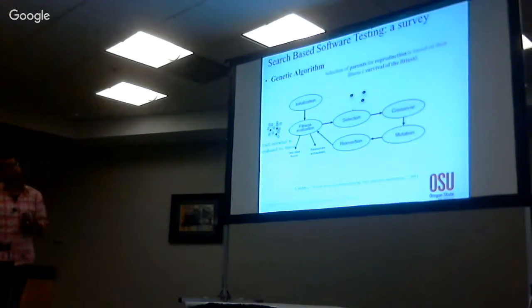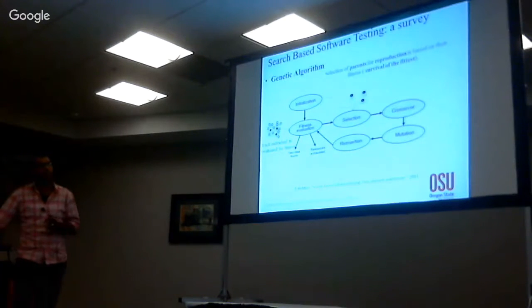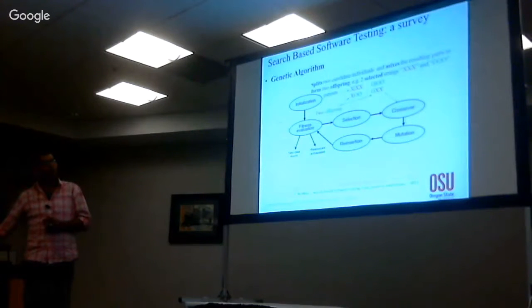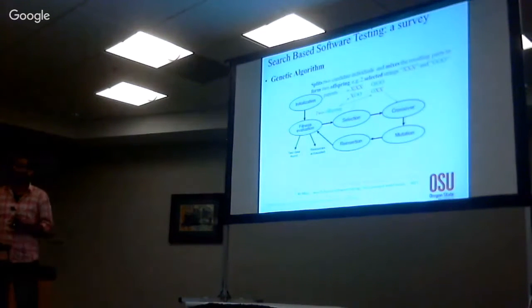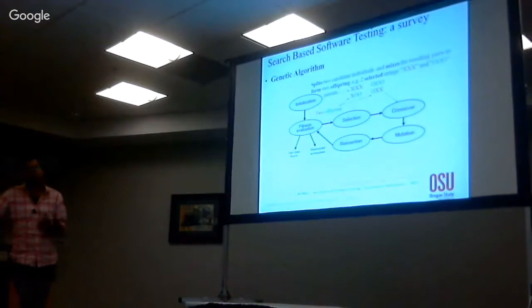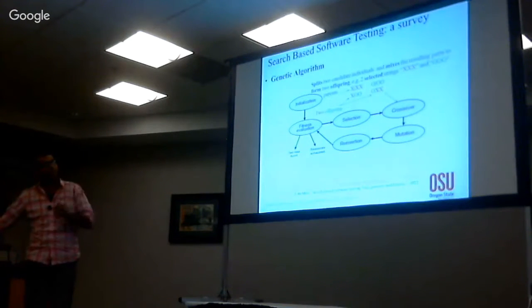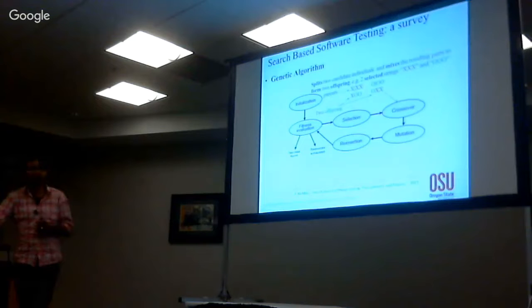Then it goes to the selection stage, where the parents for reproduction are selected based on their fitness, to the crossover stage, where the two selected individuals are split at a candidate point and the resulting parts are mixed to form two offspring.